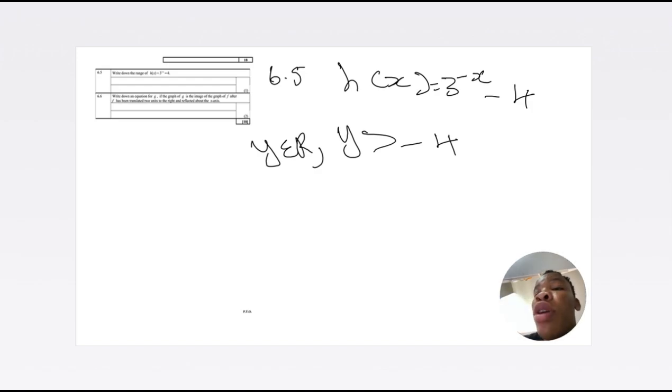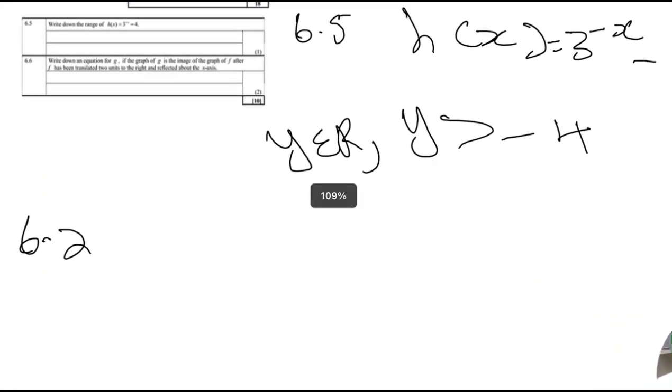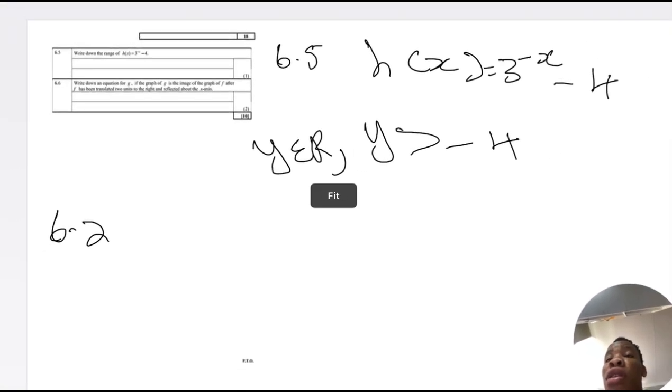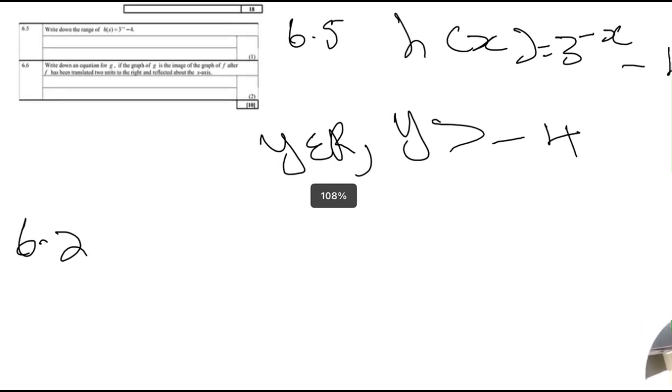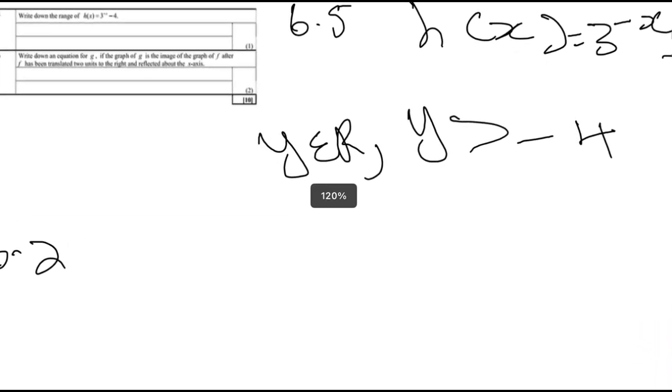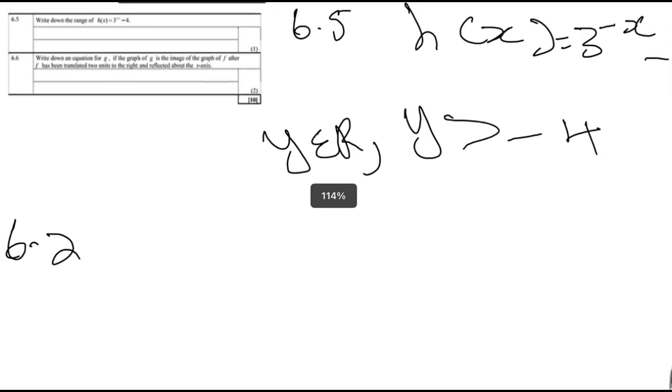Then 6.6. Write down the equation of the graph g, the image of the graph f after f has been translated 2 units to the right.